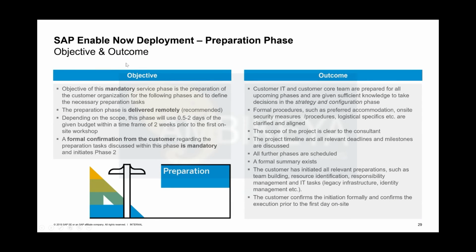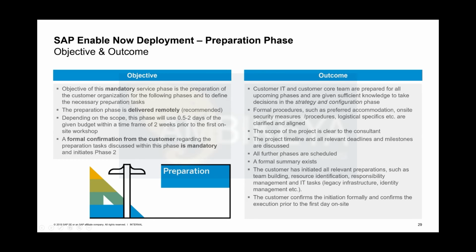The objective of this mandatory phase, really consider it as mandatory, which is, at least from our recommendation perspective, delivered remotely, is something that happens between half a day and, in more complex projects, probably up to 2 days.